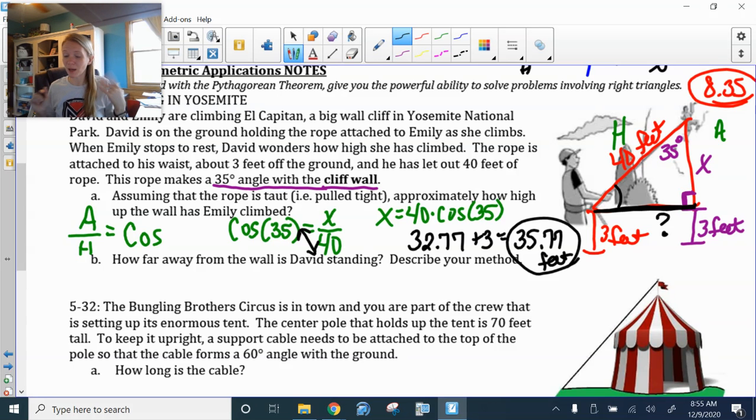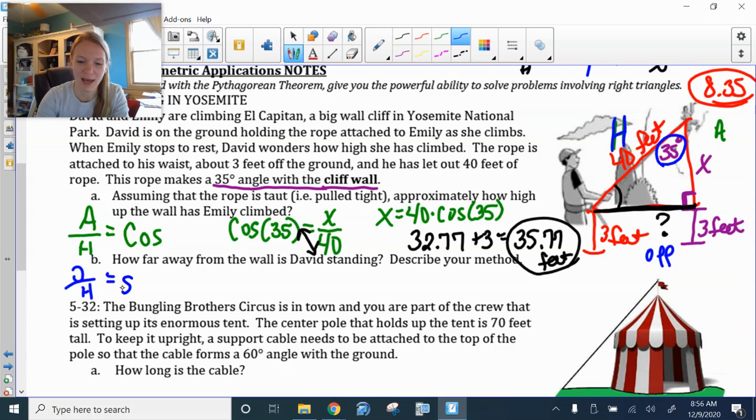I'm going to just go ahead and use, so now if my angle's 35, this would be my opposite side, and I still know my hypotenuse is 40. So if I use O with H, I think it's fastest to use sine than it is to do Pythagorean theorem, because it's just a quick cross multiply as opposed to a squared plus b squared equals c squared.